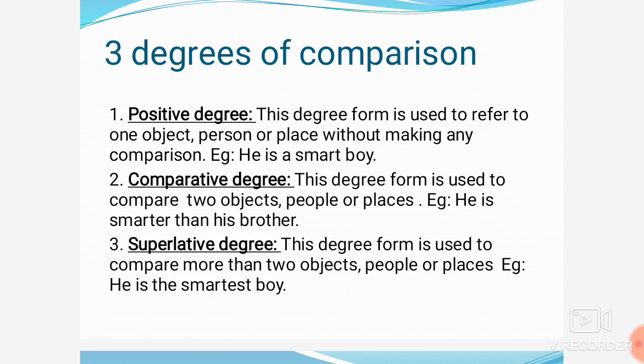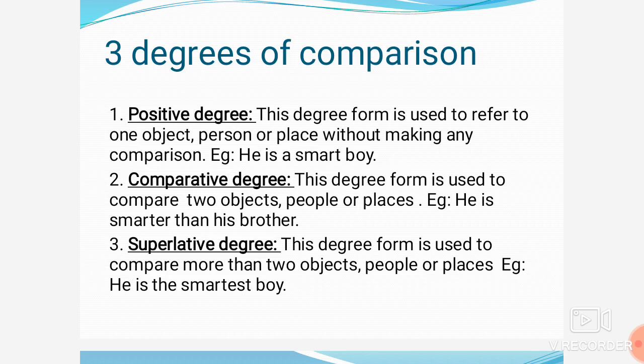Now the third degree is superlative degree. This is the greatest degree form of adjective. This degree form is used to compare more than two objects, people, or places. So in this degree form, we compare more than two objects, people, or places.